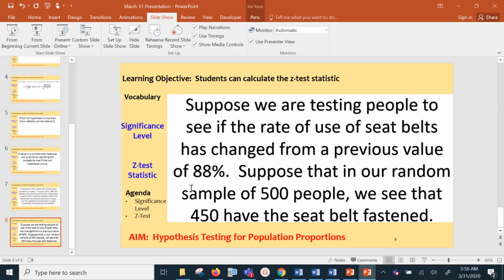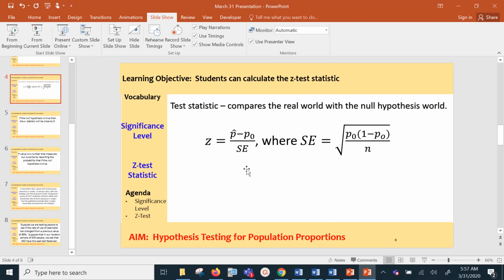Now, if this P stuff is confusing you, don't worry. For the next week, you're not going to be finding the P like that. There's a reason why I pulled out that calculator. If we had our textbooks, there's a table that we could have used. So I don't want you to freak out. The only thing you have to find is the z-score. And in order to find the z-score, you just have to use these two things.